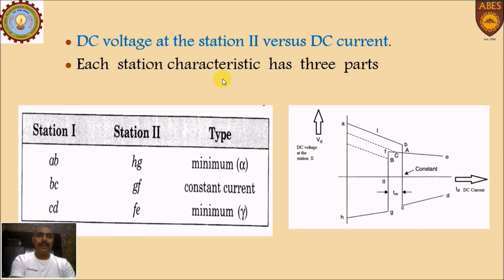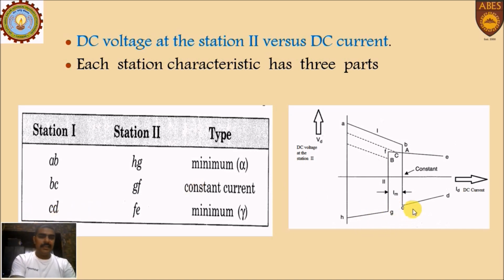So each station characteristic has three parts. Considering station 1, the first part is AB. This AB part is operating at minimum alpha. Then next is the part BC. This BC part is the constant current mode, because this axis is the current axis, and we are operating in this region as constant current mode.